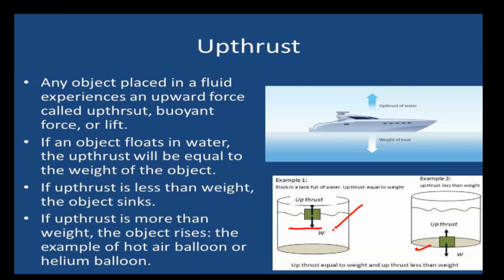And when upthrust becomes smaller than the weight of a body, say 70 Newton is the real weight of the body, once we immerse that body inside the liquid, if it experiences only 30 Newton of upthrust, meaning upthrust is smaller than the real weight of the body, then definitely the body sinks in the liquid. So upthrust less than weight is sinking, and upthrust equal to the weight of the body is floating.